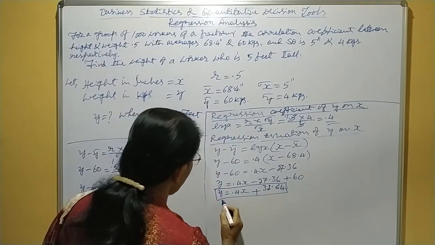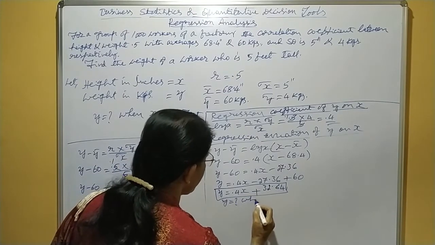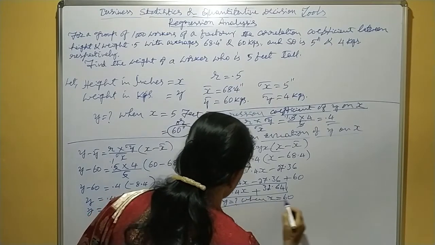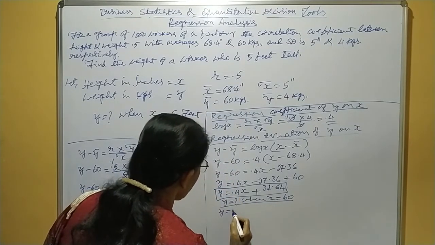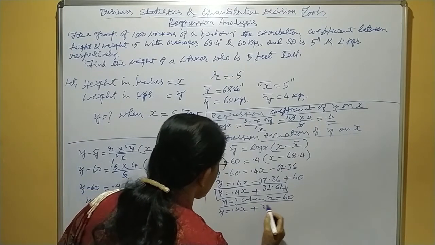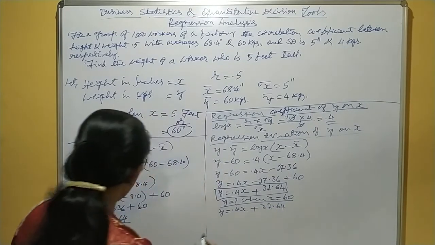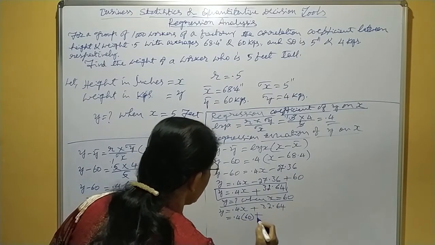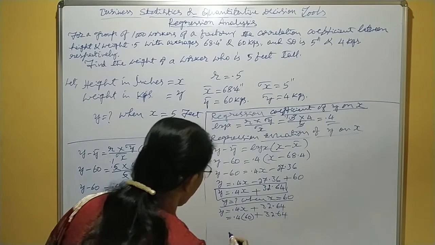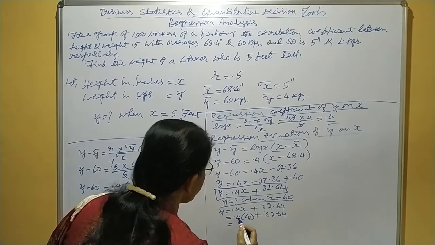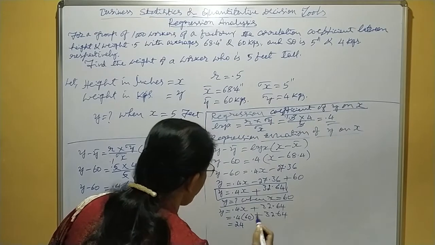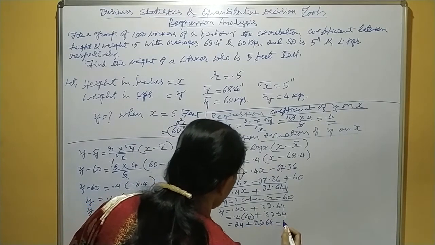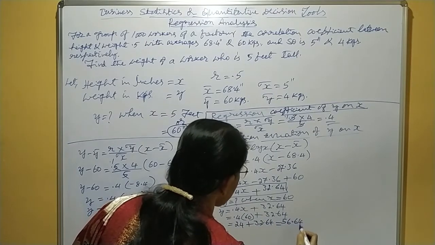Now we have to find out y when x equals how much? 60, isn't it? Now copy the equation. Y equals 0.4x plus 32.64 equals 0.4, in the place of x we have to take 60, plus 32.64 equals 24 plus 32.64, it is 56.64.